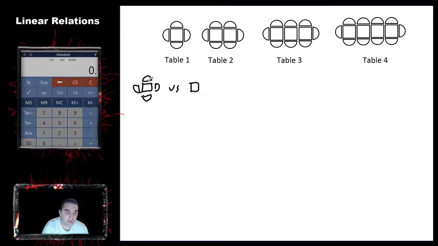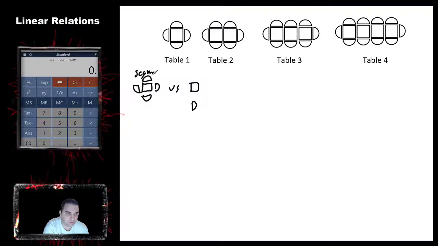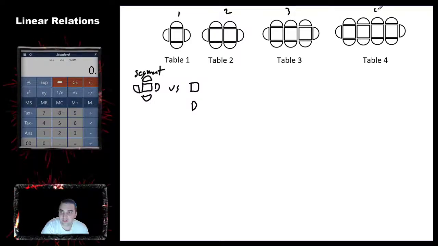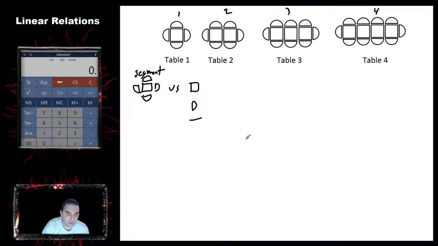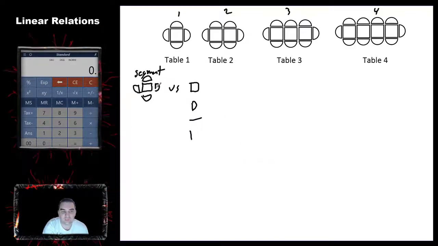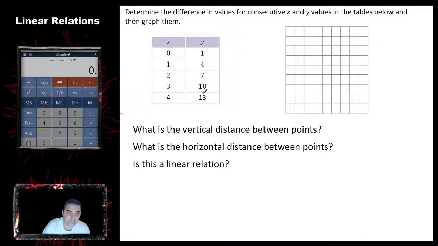We could compare each segment to however many half circles there are. I keep saying segment, but I mean segment or section. So this is 1, this is 2, this is 3, this is 4. We could also compare to horizontal lines. We could compare to vertical lines. There's a lot of different things we can do. Remember, the purpose is the relationship between two things.